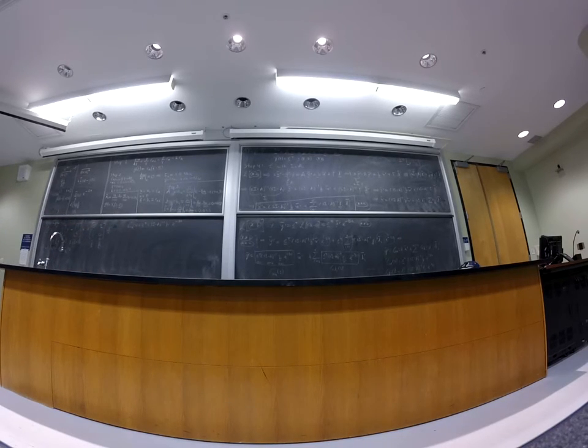I need to calculate (sI minus A) inverse. So let's do that. So sI minus A is going to be s times the identity matrix, which has to be the same size as the A matrix. What's the size of the A matrix here? 2 by 2.